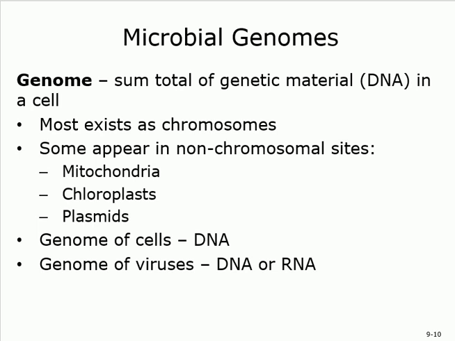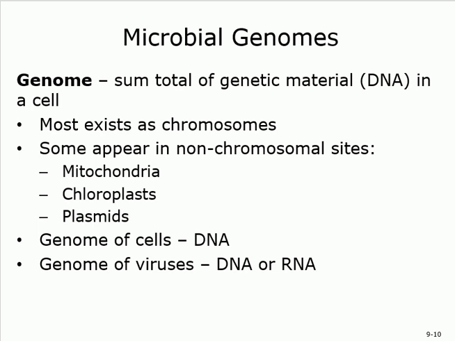Do I have genes somewhere else besides the chromosomes? Yes, a little bit. You can have some in the mitochondria, chloroplast, or plasmid. Each one of those is not considered a chromosome, but does it have genes? Yes. So where do we have the vast majority of the genes, which make the genome?